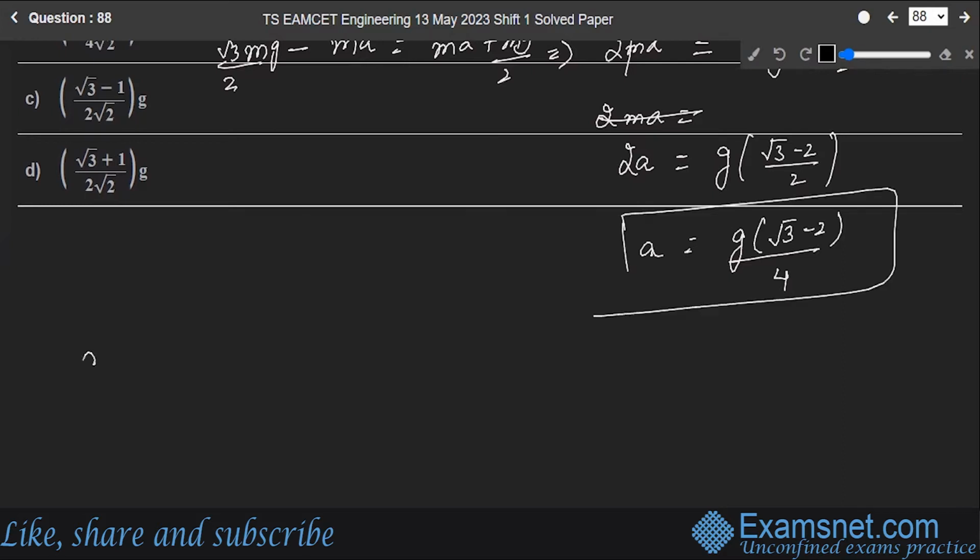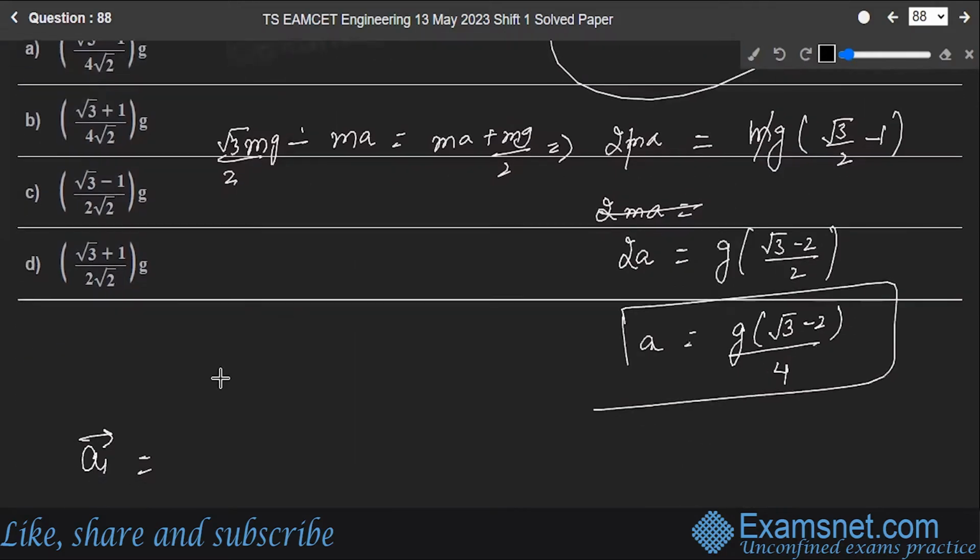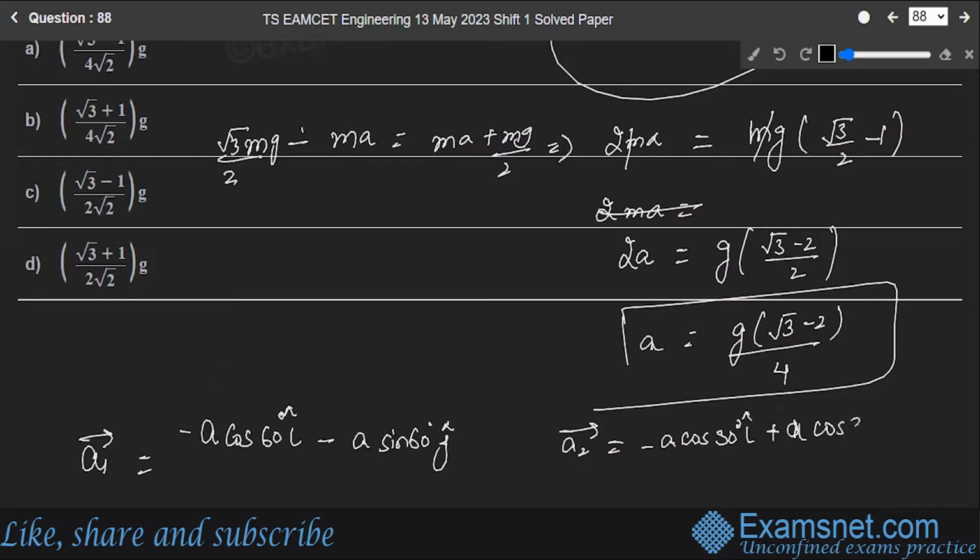Now, taking the a1 vector, let's call this a1 and this a2. So the a1 vector will be given by minus a cos 60 degree i cap minus a sin 60 degree j cap, and the a2 vector will be given by minus a cos 30 degree i cap plus a cos 30 degree j cap.